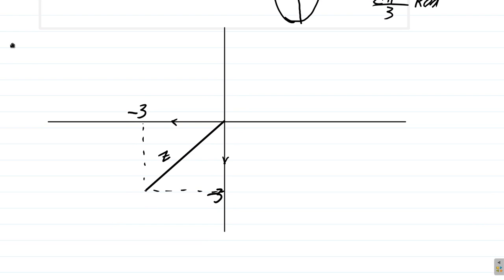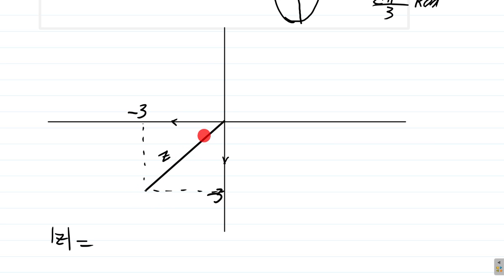Now, the magnitude of z: if you consider this triangle here, we have a 90 degree angle here, this is 3 and this is 3.